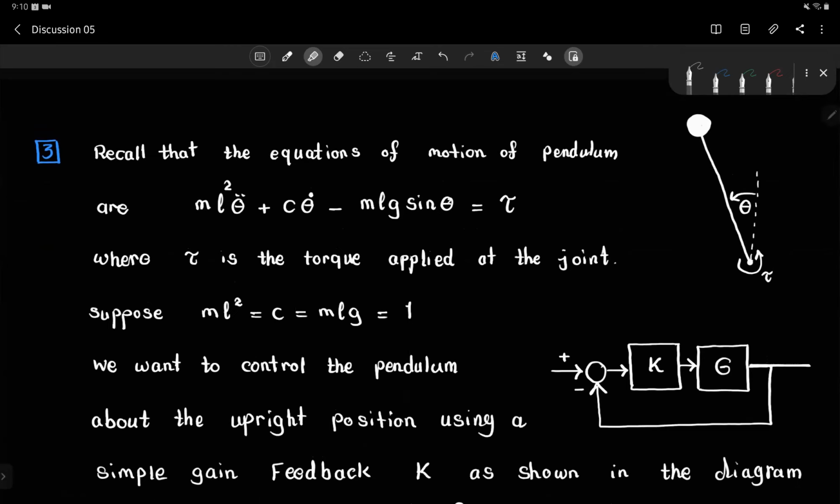And recall that the equations of motion of this pendulum are given by this equation of motion, where tau is the torque applied at the joint around which the pendulum rotates. So this is the case of an inverted pendulum where we have some actuation at this joint here, okay?